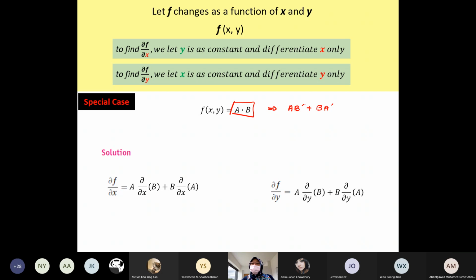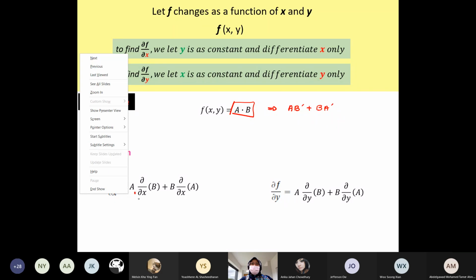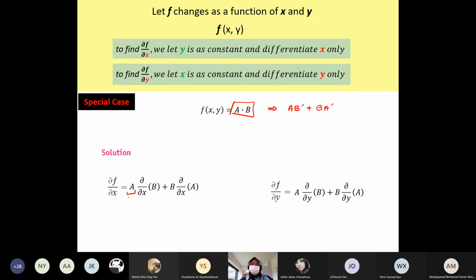Okay, so this one is the notation for the first degree of differentiation. You have A, differentiate B, same like this, plus B, you differentiate A. So this is in a simple form.